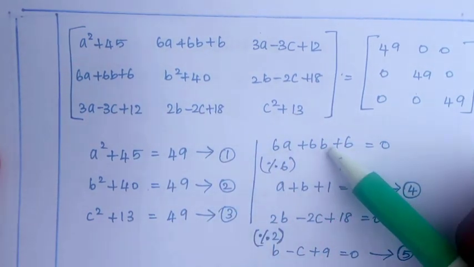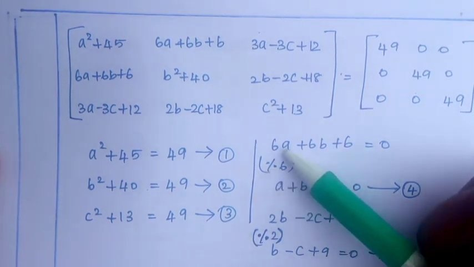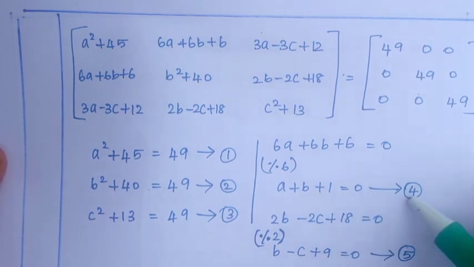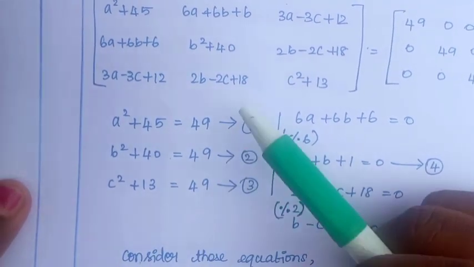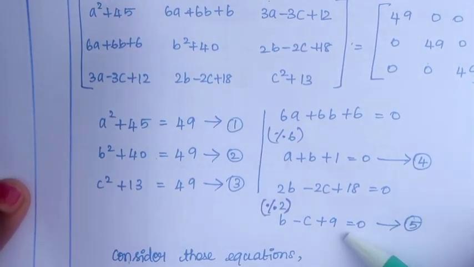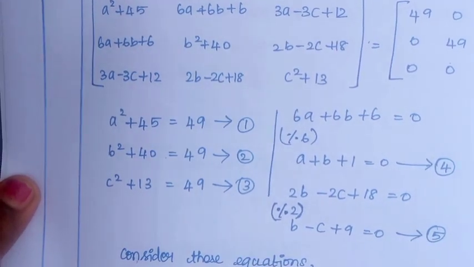Then 6A plus 6B plus 6 is equal to 0, the fourth equation. Dividing by 6, A plus B plus 1 is equal to 0. And then 2B minus 2C plus 18 is the fifth equation. Dividing by 2, we get B minus C plus 9 is equal to 0.